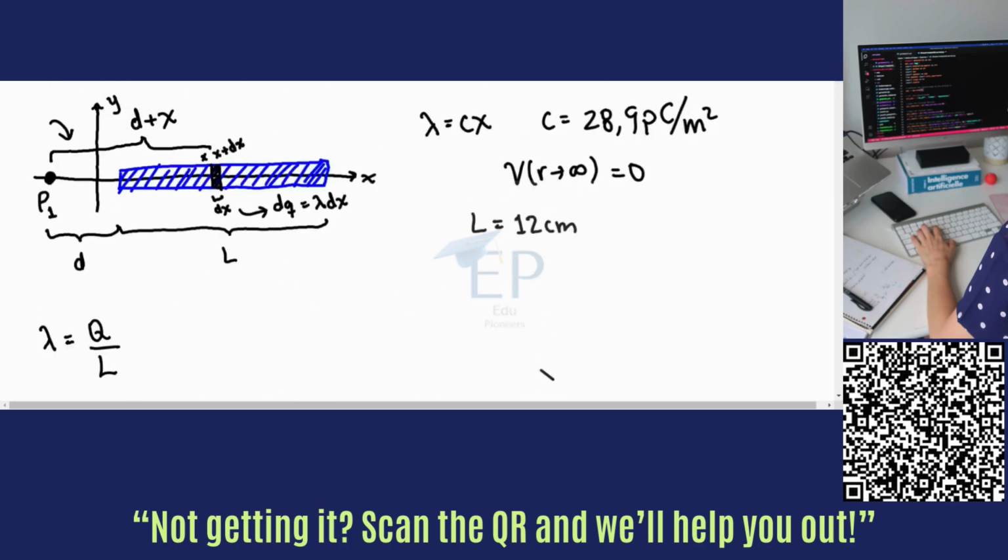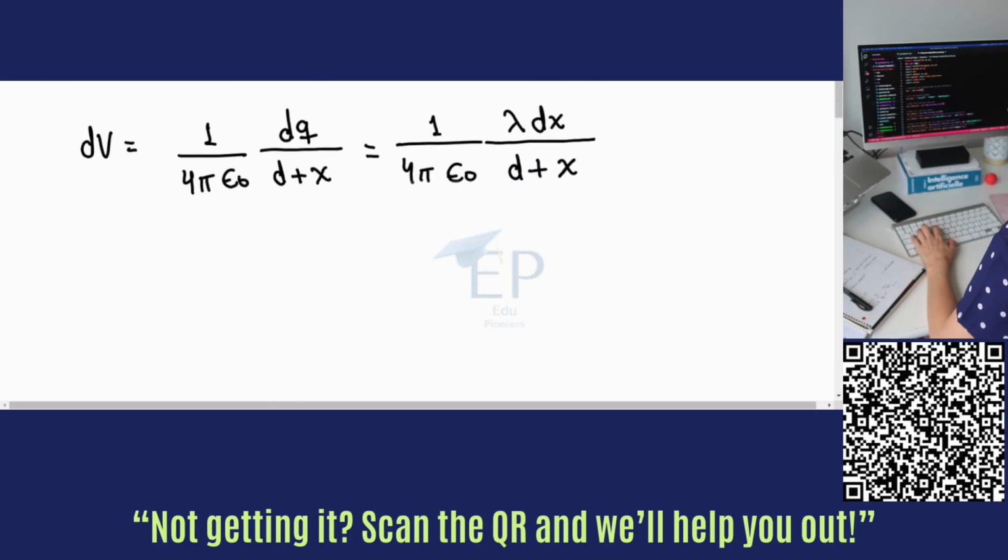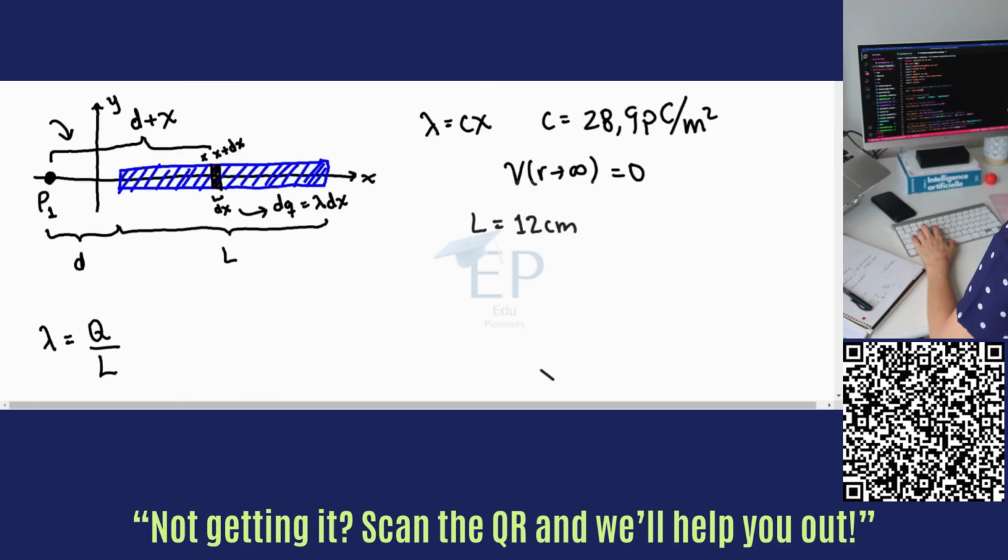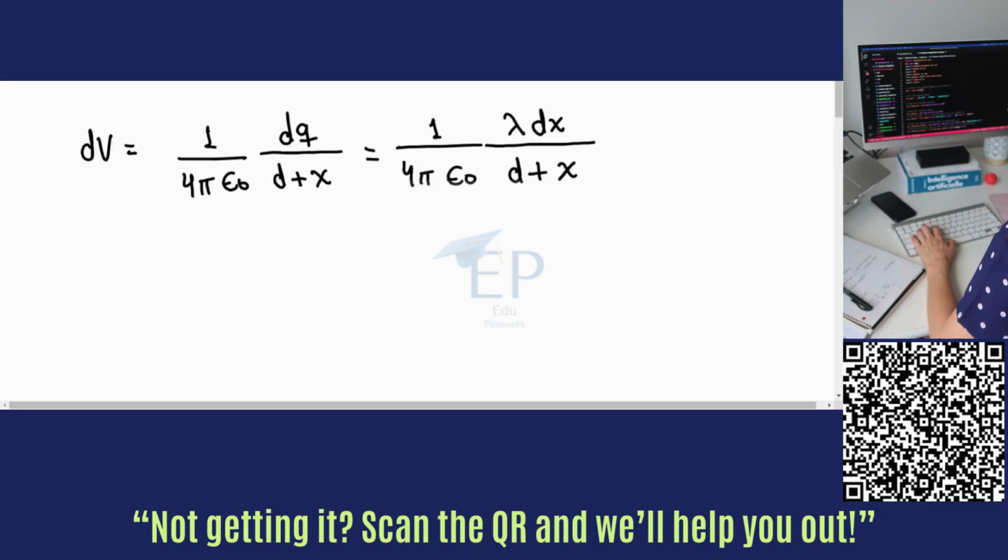Now, since we need the electric potential created by all of this rod, what we need to do is to integrate, because with that we will consider the contributions of all of the segments from one end of the rod to the other end of the rod.